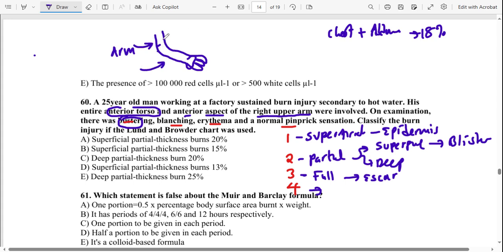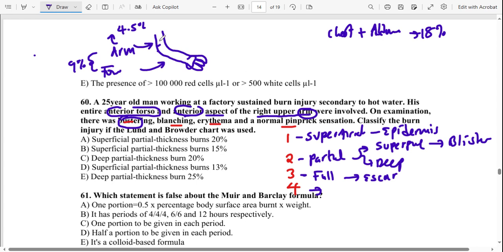The entire right upper limb, the arm and the forearm, carries 9%. But since this is only talking about the arm, it is just going to be half of 9, which is 4.5%. But again, we have been told it is just the anterior aspect of the right upper arm.